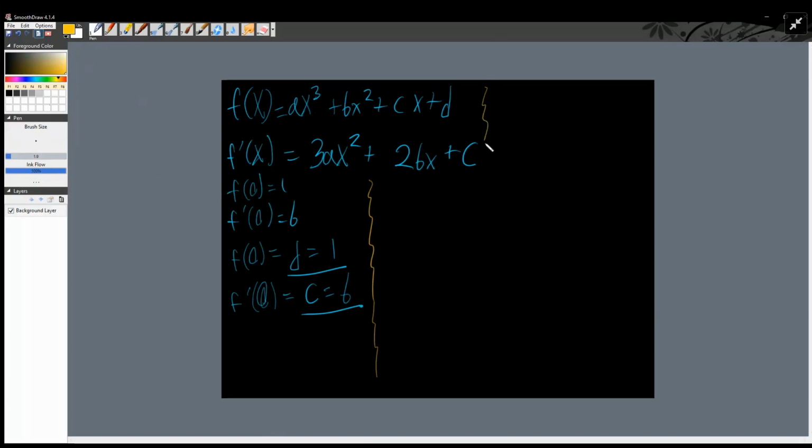Up top here, I'm going to write down our critical points. Our first critical point is x equals -1, and I'll write down the second one. What this means is that our derivative, f prime of x, is equal to 0 or extends to infinity at x equals -1.